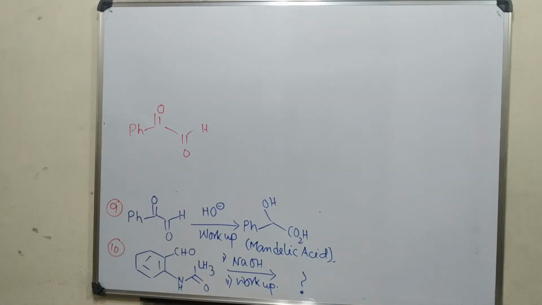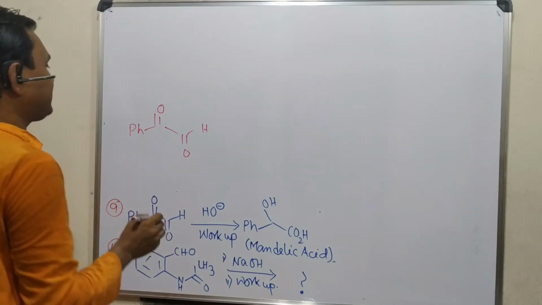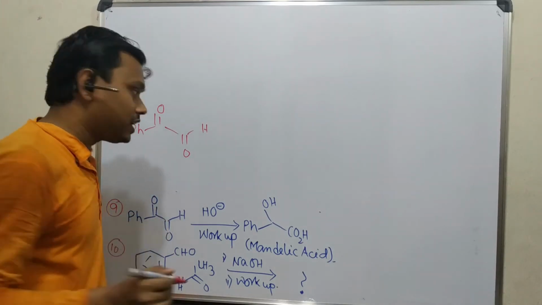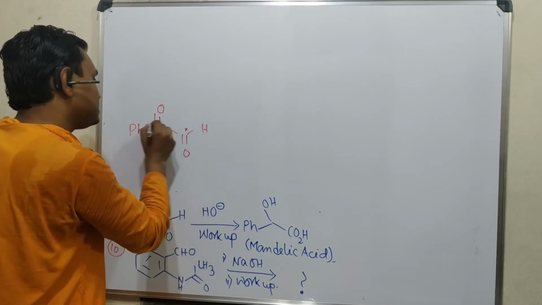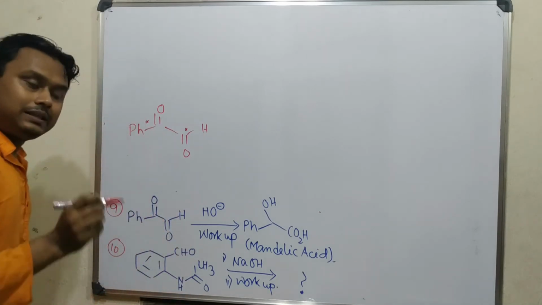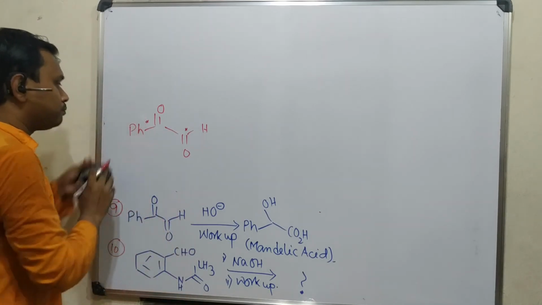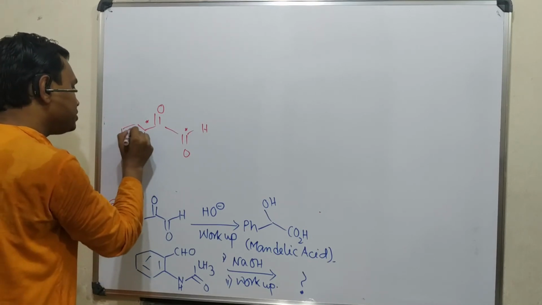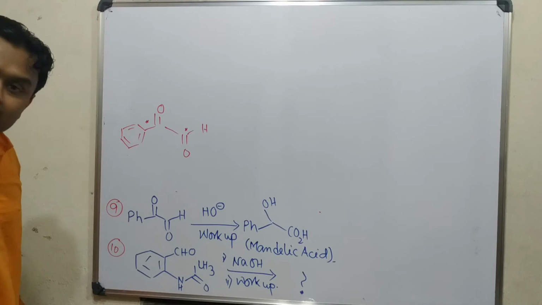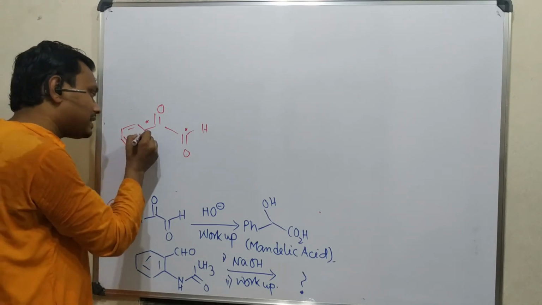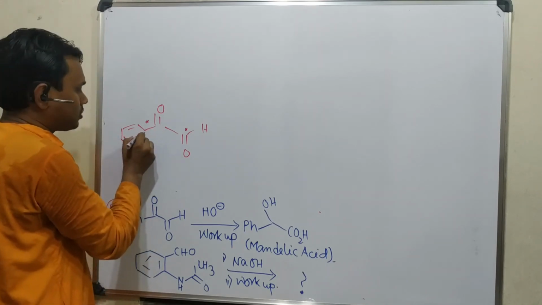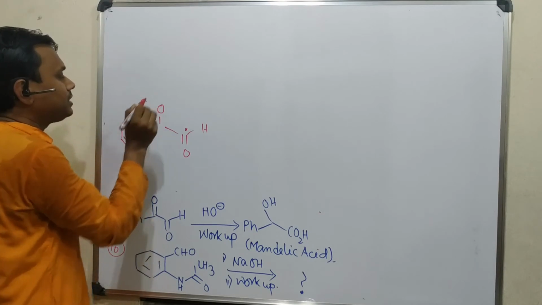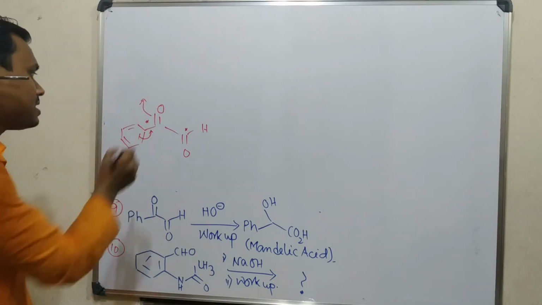The OH is electron rich, so it will attack the position which is more electron deficient, this carbon or this carbon. If we compare the electron deficiency, this is a benzene, so if I draw it properly, it has resonance, a mesomeric effect, so it can push its electron in this way and decrease the electron deficiency of this carbonyl carbon.